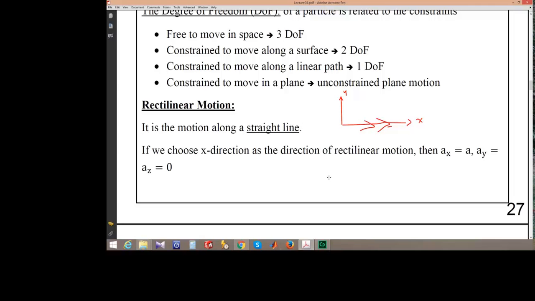That means there should be forces acting on the particle based on these constrained environments in the y and z axes. And the basic example for that is if we have a plane, let's say that this is our plane, and then we have a particle.